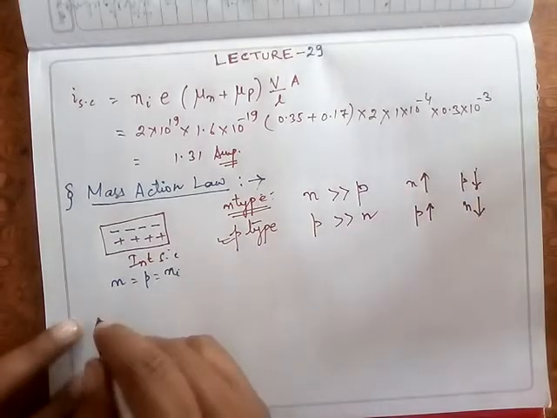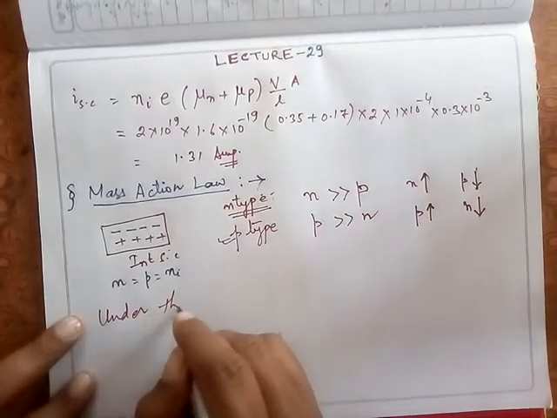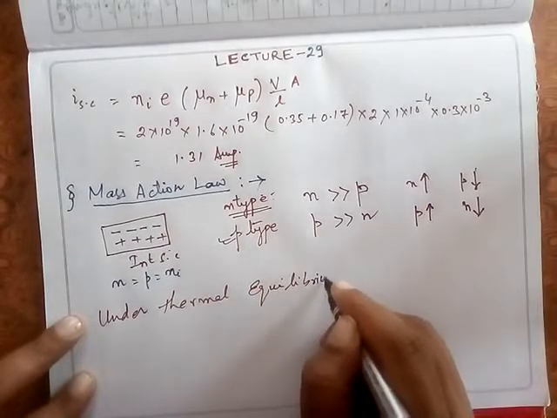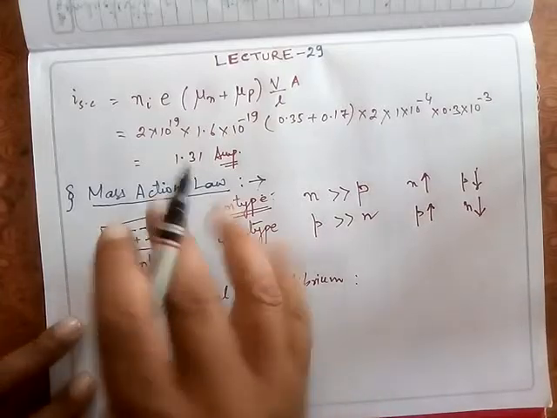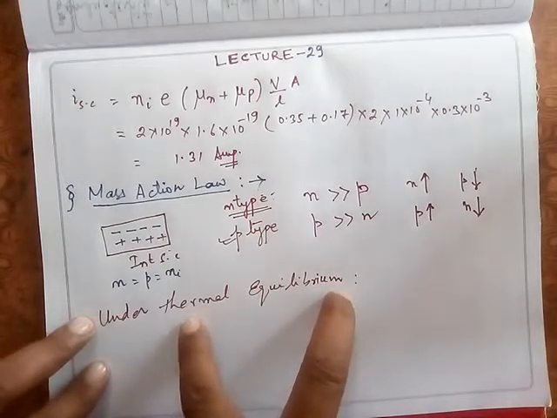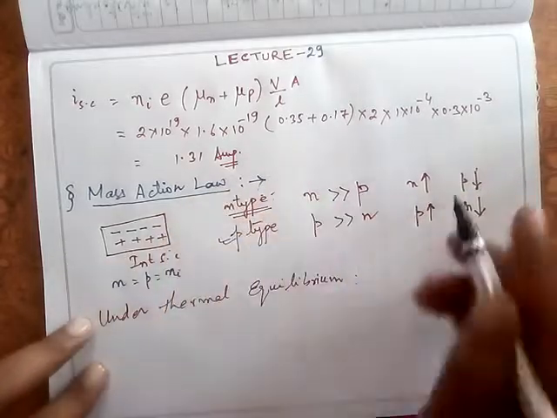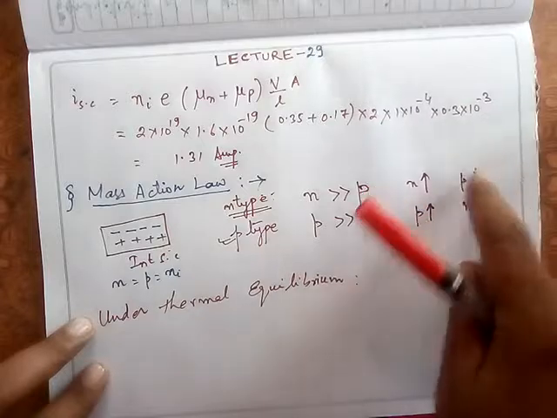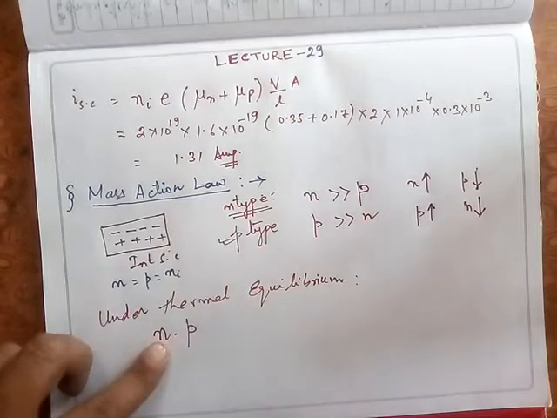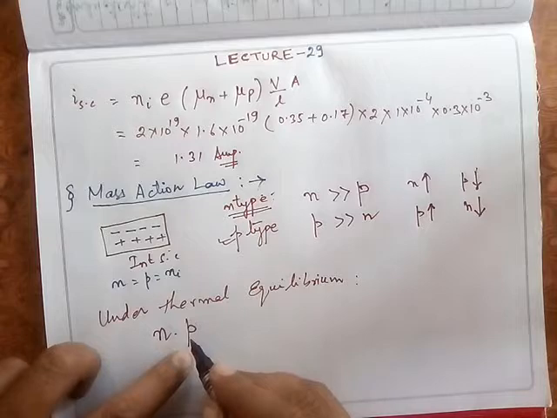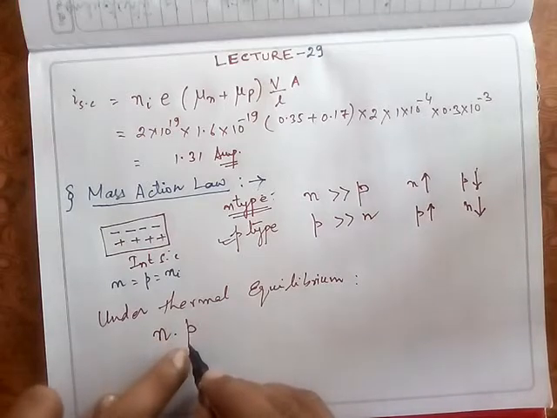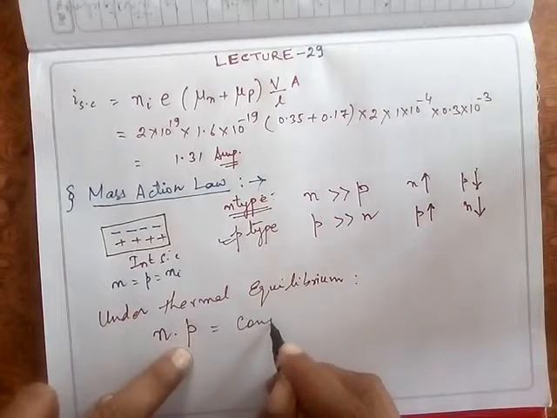It says that under thermal equilibrium, that is, under constant temperature and pressure, if the temperature and pressure are maintained constant, although one is increasing and the other is decreasing with respect to this Ni, the product of electron concentration and hole concentration, where N is the number of electrons per unit volume and P is the number of holes per unit volume, is a constant.